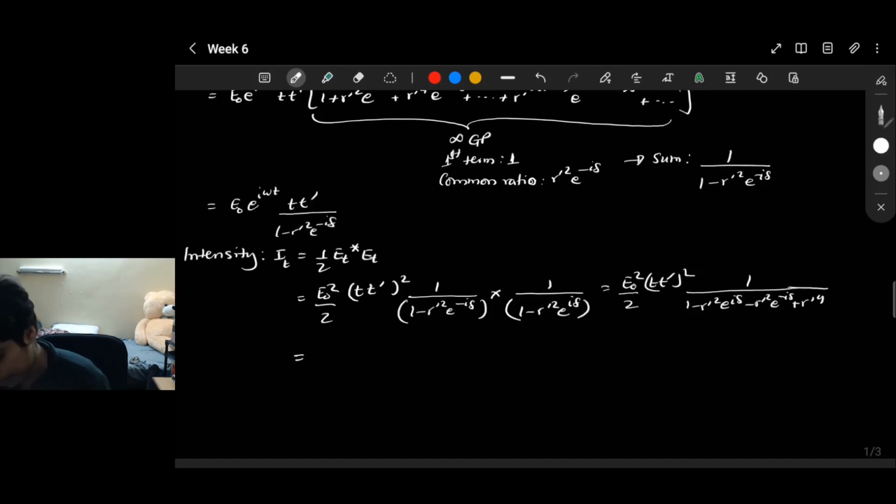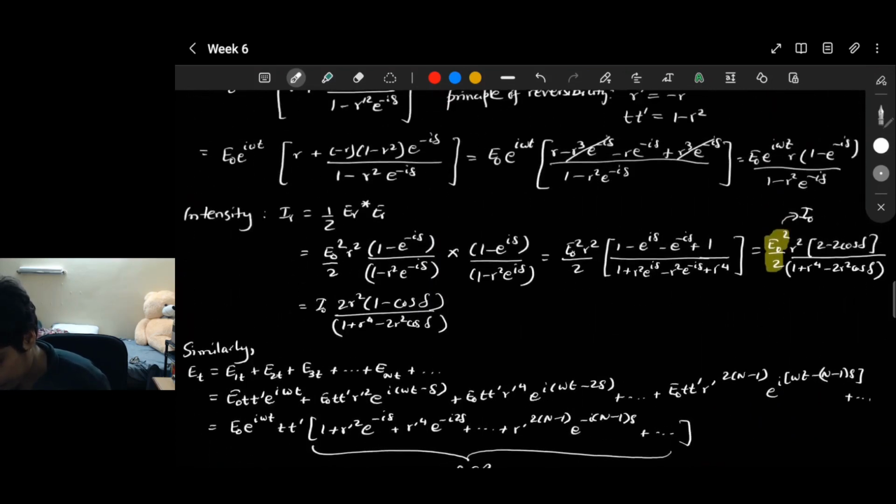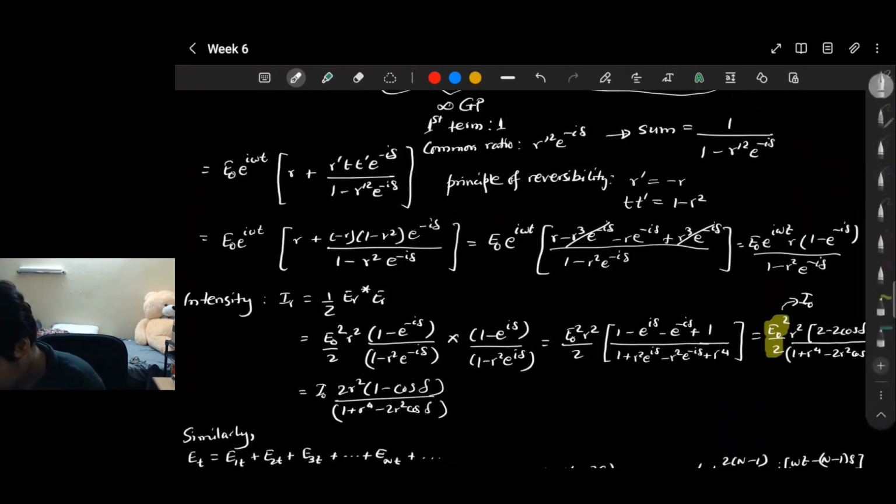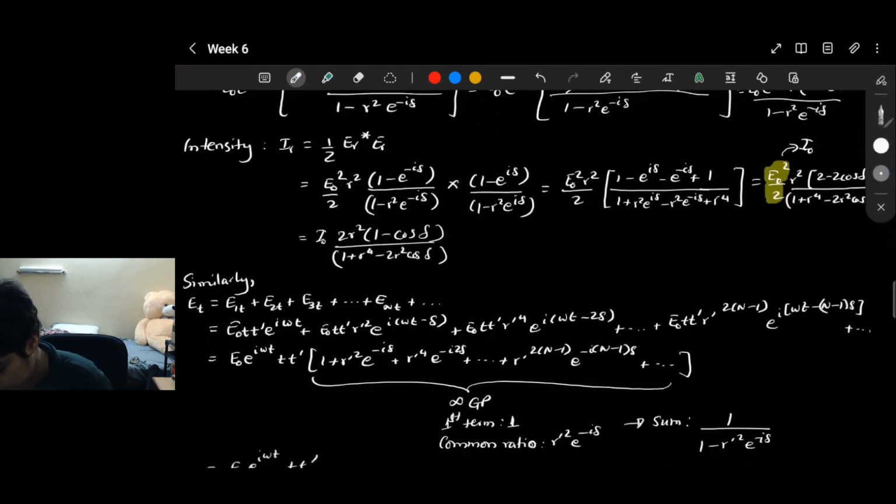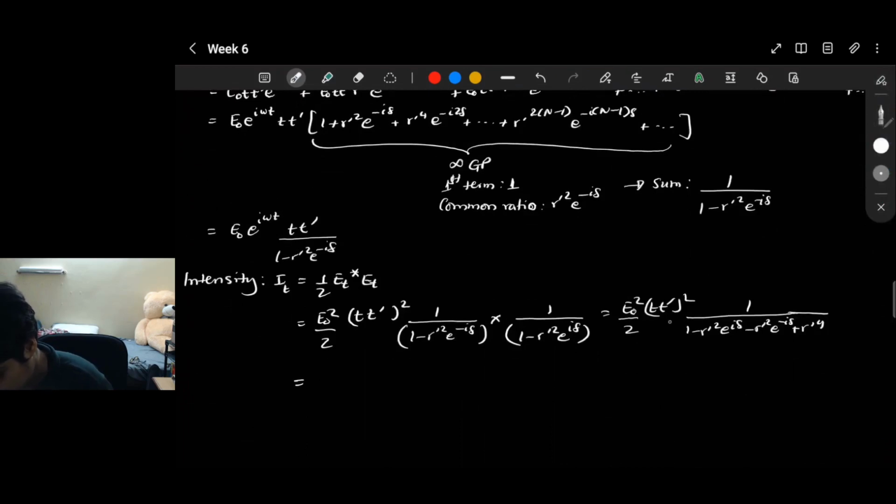Once again, we will make use of the principle of reversibility relations, these relations over here. So t t prime is 1 minus r squared and r prime is minus r. So here t t prime, I will replace with 1 minus r squared, and square of that.